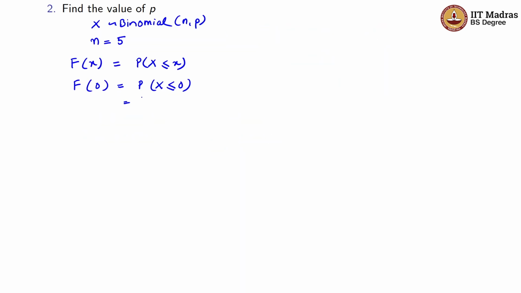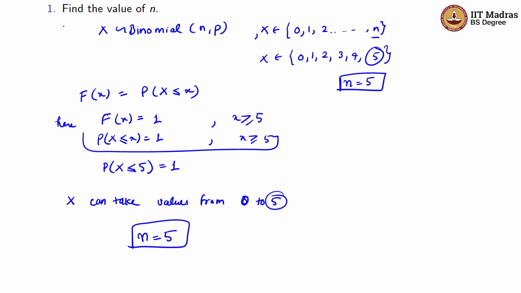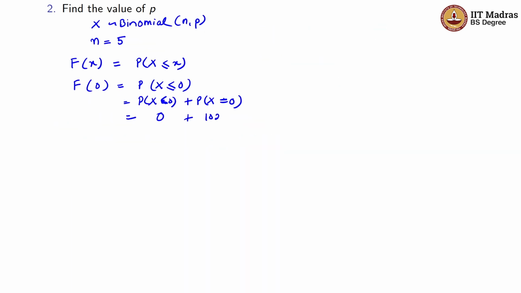So we can write that the probability X is less than 0 plus the probability X is equal to 0. When it is less than 0, it is 0, and when X is equal to 0, then it is 1024 divided by 3125. So we can write 1024 divided by 3125.